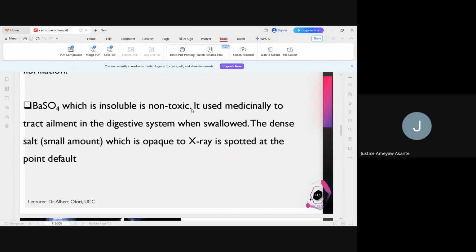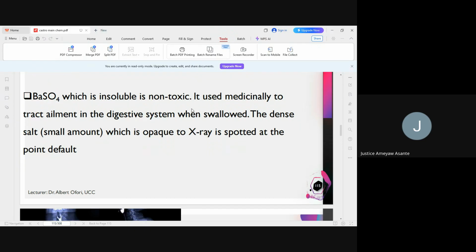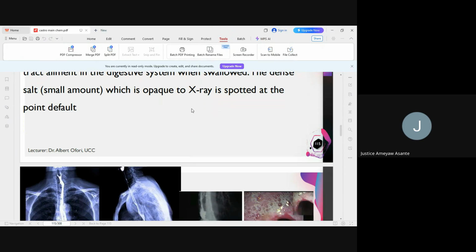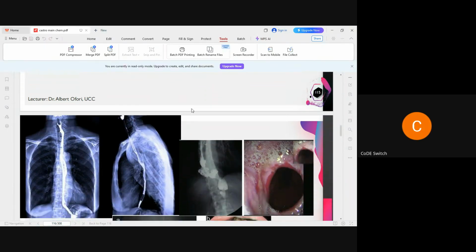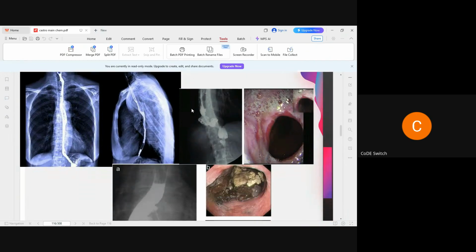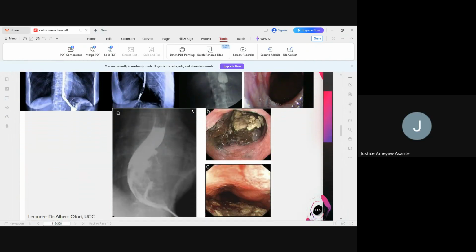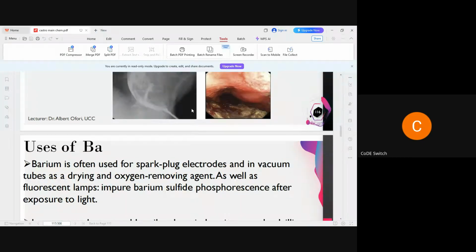Where the problem is, it will be stuck there, and we take the X-ray and analyze it to find the fault there. So these are all examples.